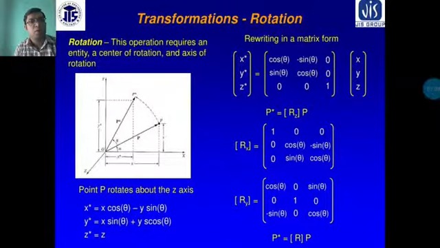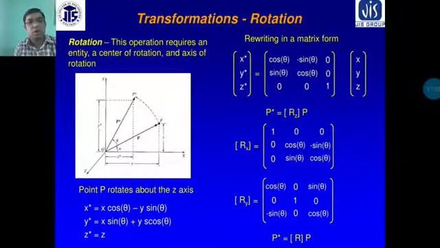You also have to match it with x, y and z, that is, p star equals R p. Then Rx equals: first column 1 0 0, second column 0 cos theta sin theta, and third column 0 minus sin theta cos theta.